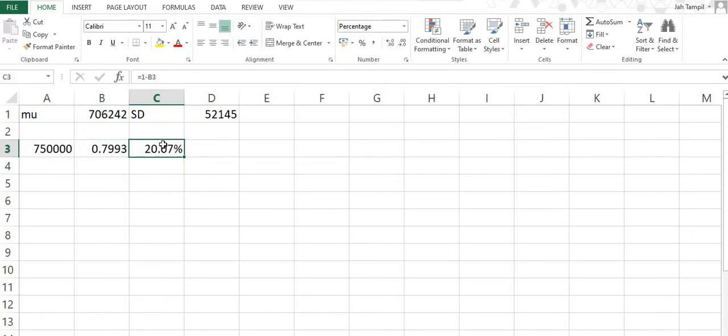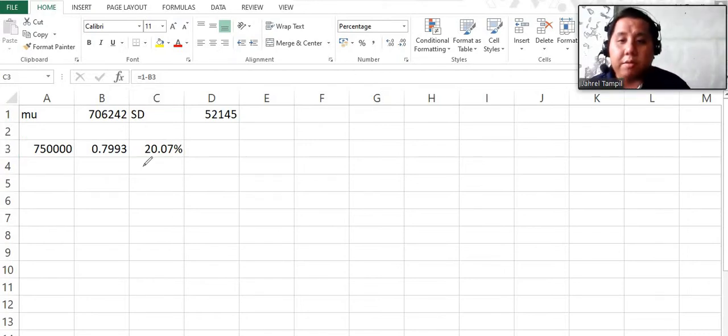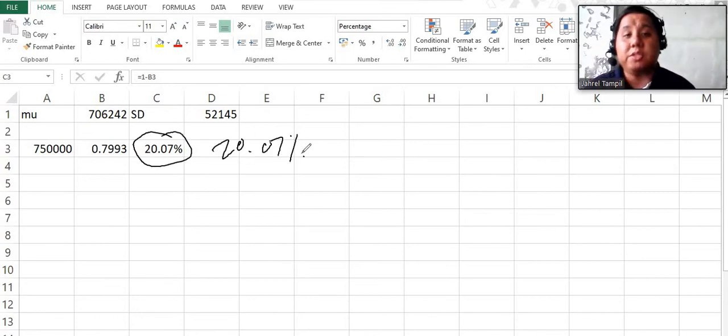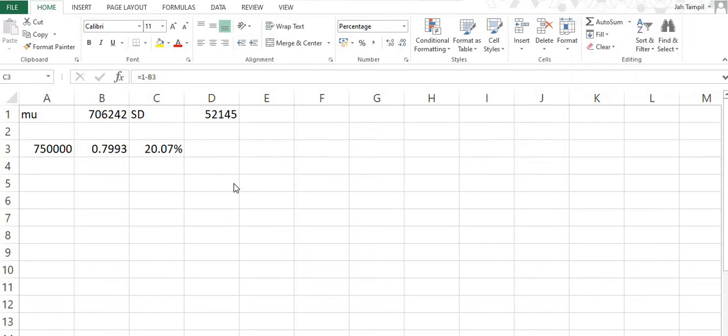Since the format here is in percent, it was already in percent. So we have 20.07%. So what does this mean? This would mean that there is a 20.07% chance that the population within a jail is greater than 750,000. So that's the answer in letter A.